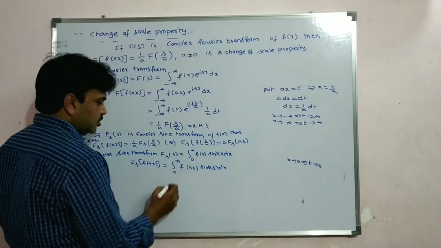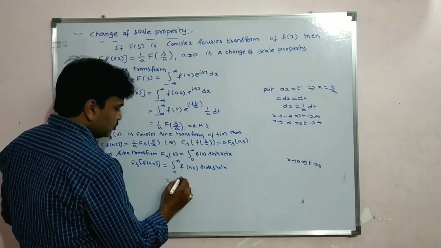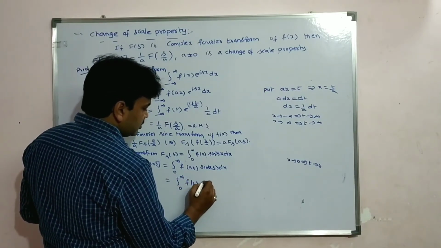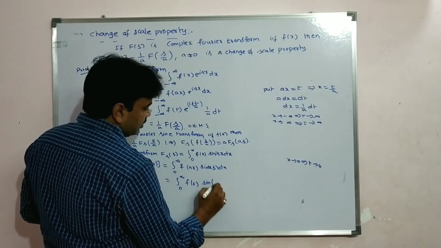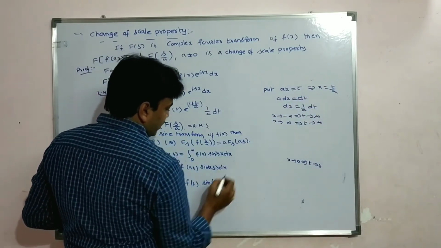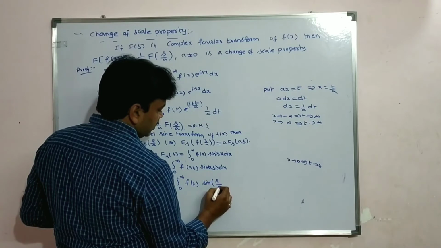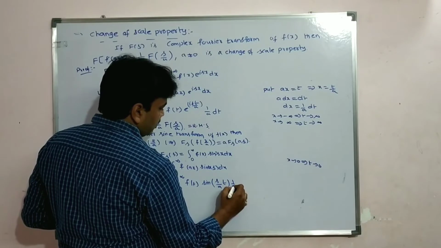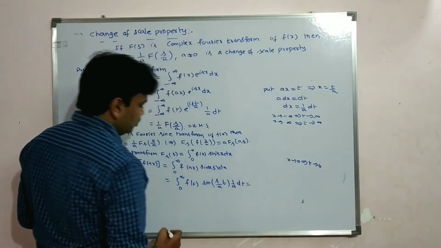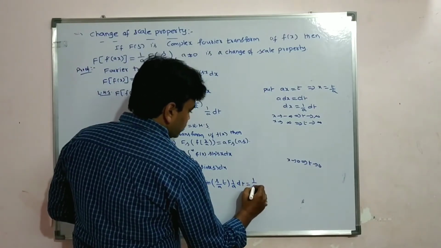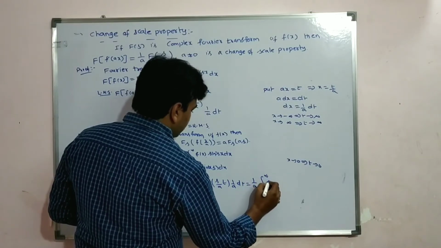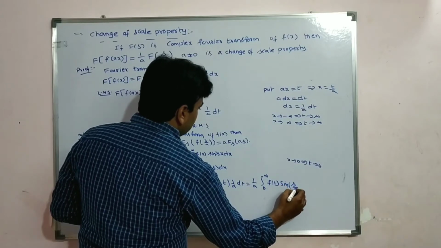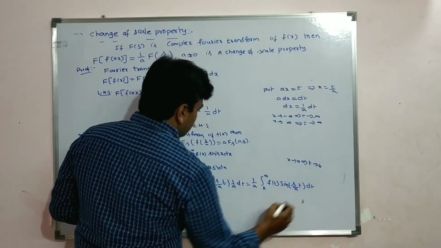So we get here the integral from 0 to infinity of f of t sin of x, where x means t by a, that means s by a into t, dx is 1 by a dt. So 1 by a is constant.